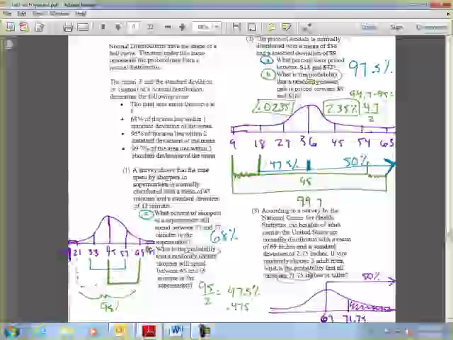And 71.75 is 1 standard deviation away, but only in one direction. So how much is between the middle and 1 standard deviation away in one direction? 34%. It's 68 going in both directions. So in just one direction would be half of that. So how much is that little tail that we're asked about?